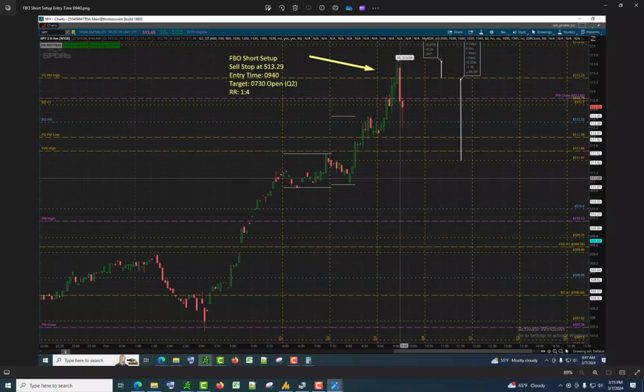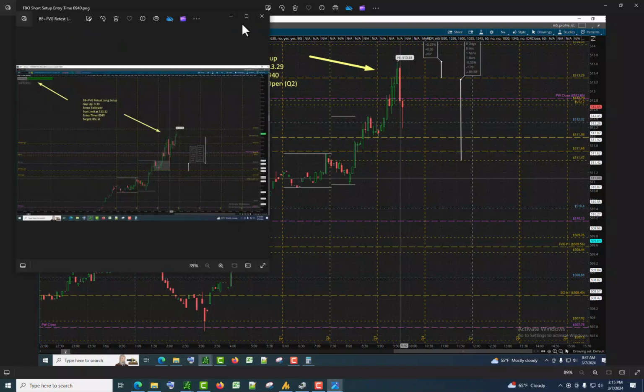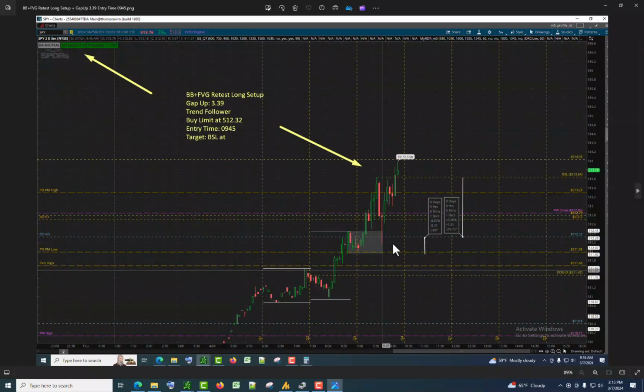So what is the other setup? Short, long. Okay, right here, this is the setup. The reason why we missed this setup, this setup is very high probability.